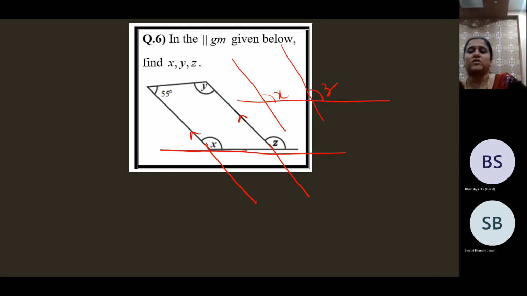They lie on the same side of the transversal. This is an interior angle, this is an exterior angle, and they don't form a linear pair. So they are corresponding angles. X is equal to Z, corresponding angles. Correct. You can say Y and Z are alternate angles, or X and Z are corresponding angles. Correct.